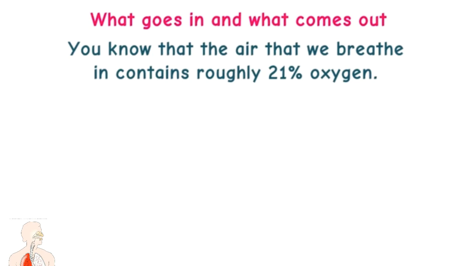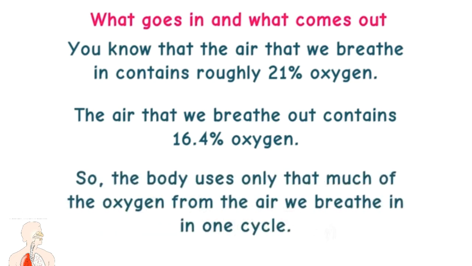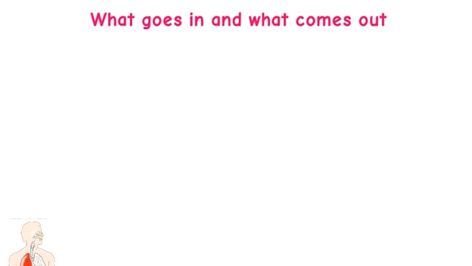The air that we breathe in contains roughly 21% oxygen. The air that we breathe out contains 16.4% oxygen. So the body uses only that much of the oxygen from the air we breathe in one cycle.